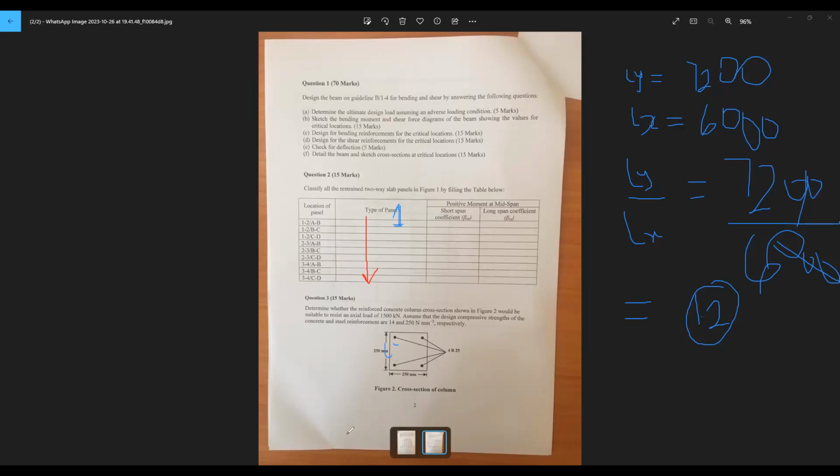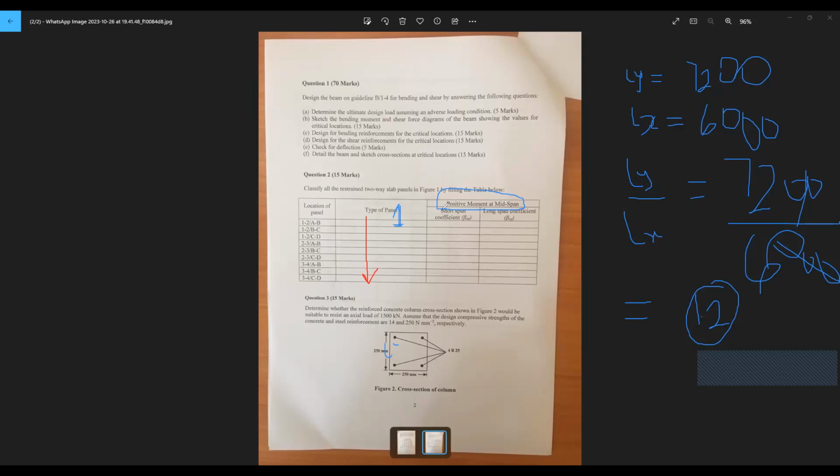So from the table in the question here, we are looking for a positive moment at midspan. You trace it under positive moment at midspan, two adjacent edges discontinuous. Then we trace it to 1.2. So under 1.2, you have a value like 0.047 as a positive moment at midspan.